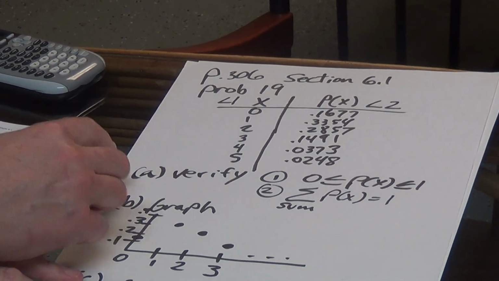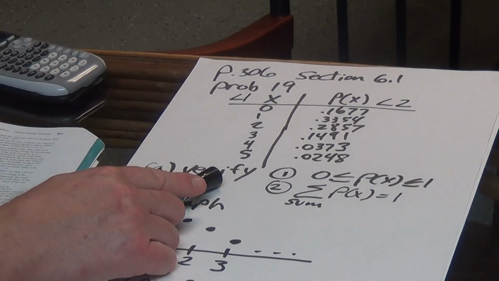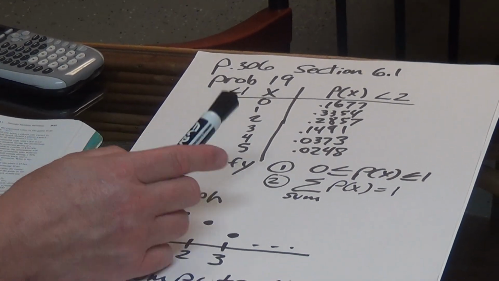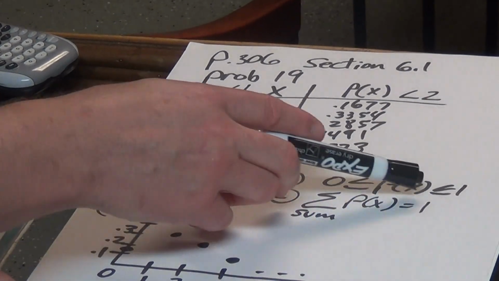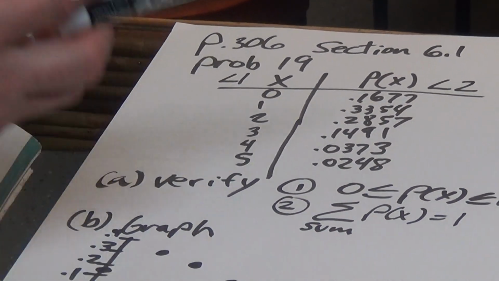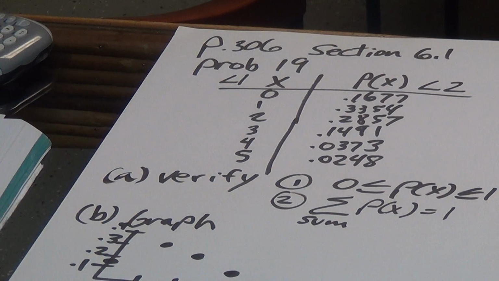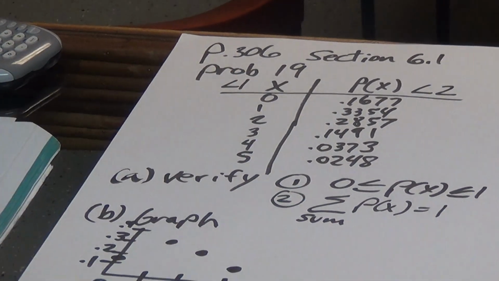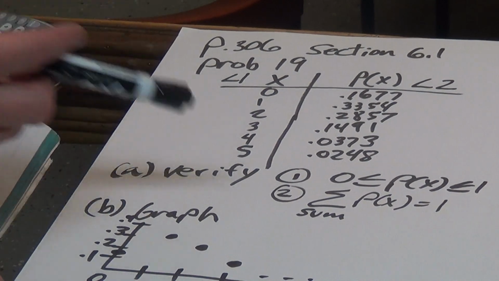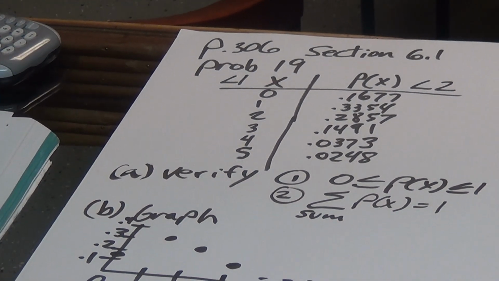The very first part was to verify, and what you do there is you check and see if it obeys the two probability rules. First, do all the probabilities lie between 0 and 1, and you can see instantly that they do. And secondly, do all the probabilities add to 1? And I think if you take the time to punch away, you'll find that they will.